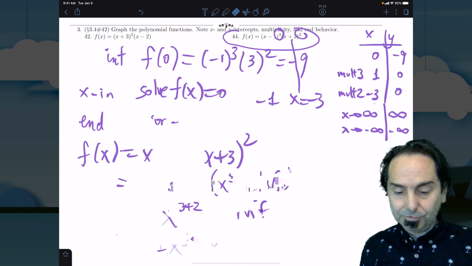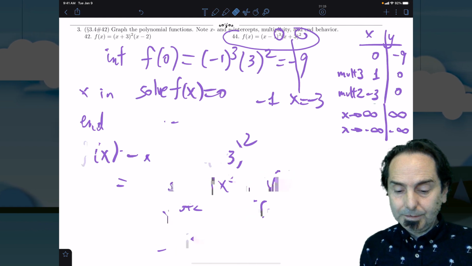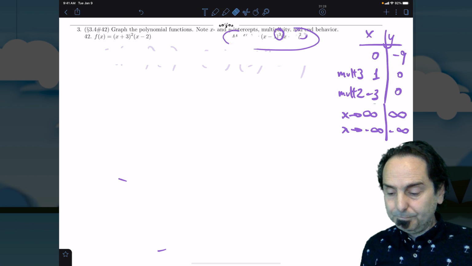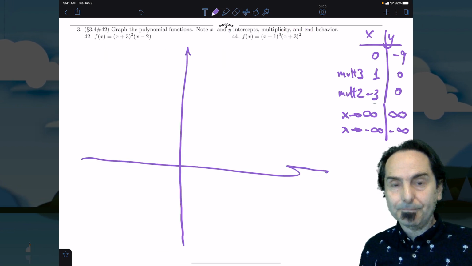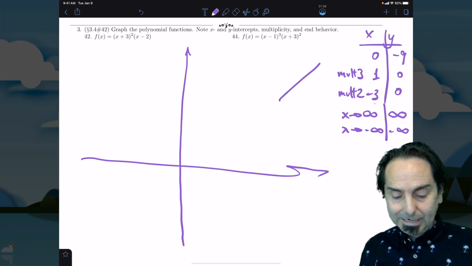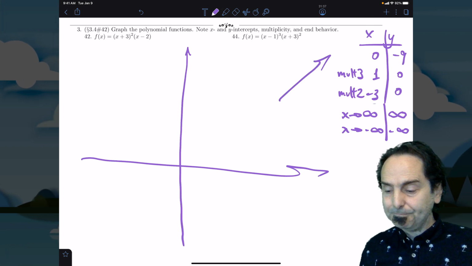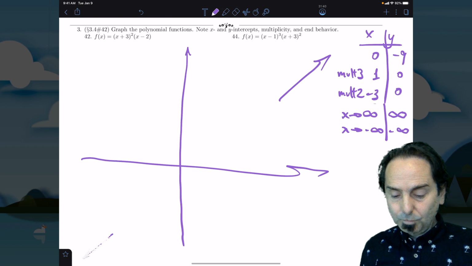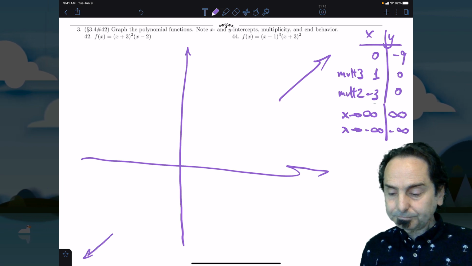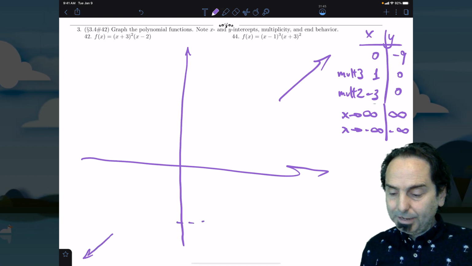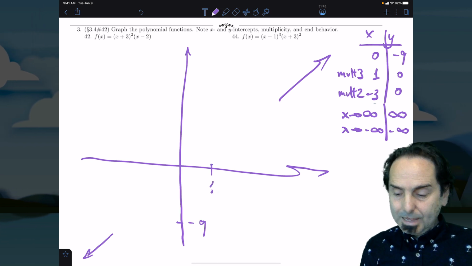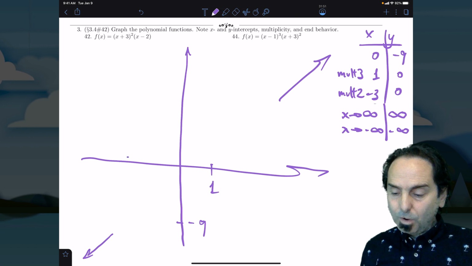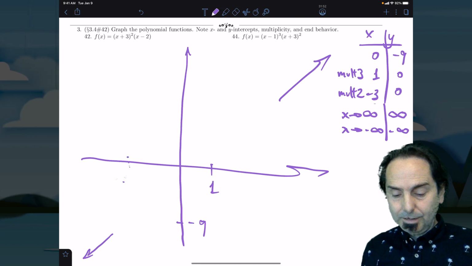Okay. So putting this all together, just a rough sketch. First, the end behavior. As x goes to the right, we go off to infinity, and negative infinity as x goes to the left. The y-intercept is at negative 9. At 1, there's a 0, and at negative 3, there's a 0. At 1, the multiplicity is 3, so it actually looks like a cubic there.